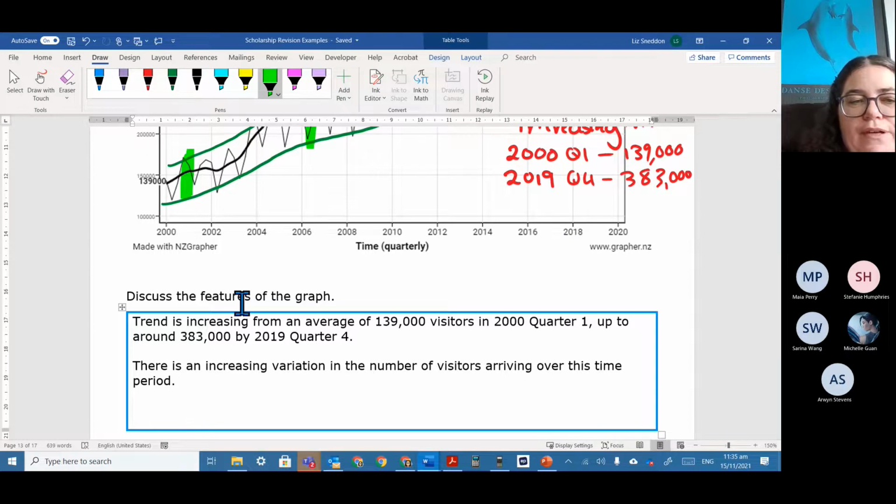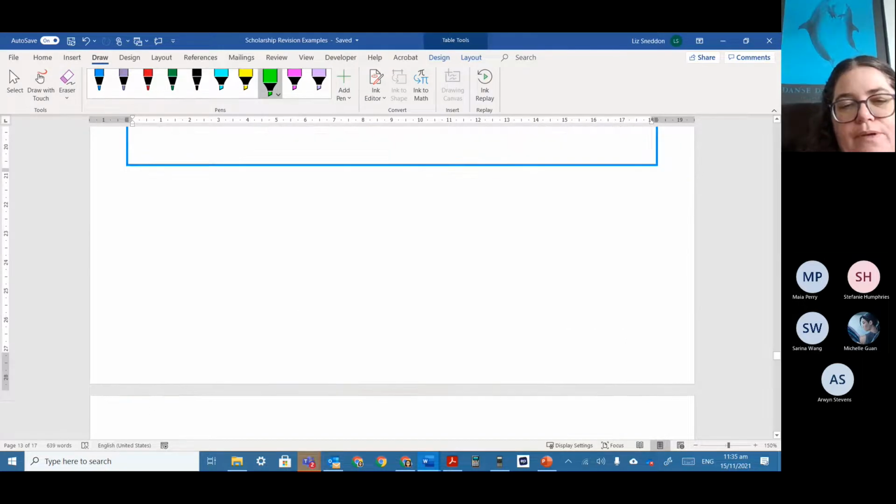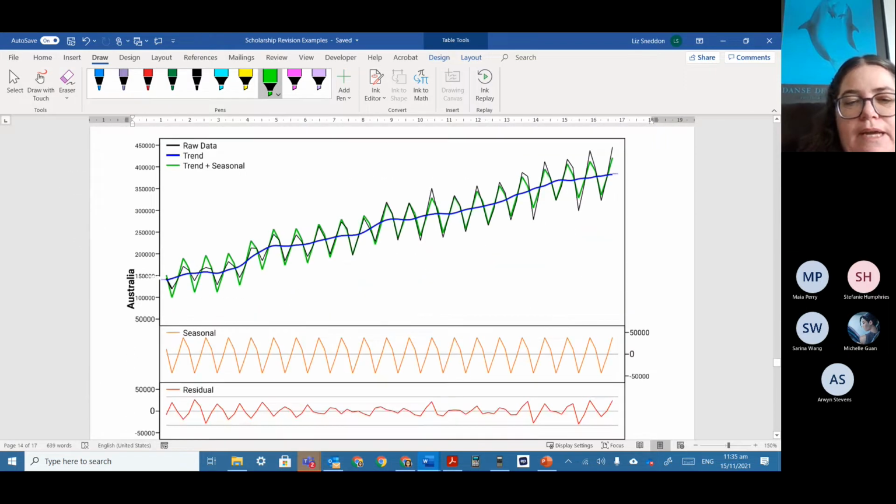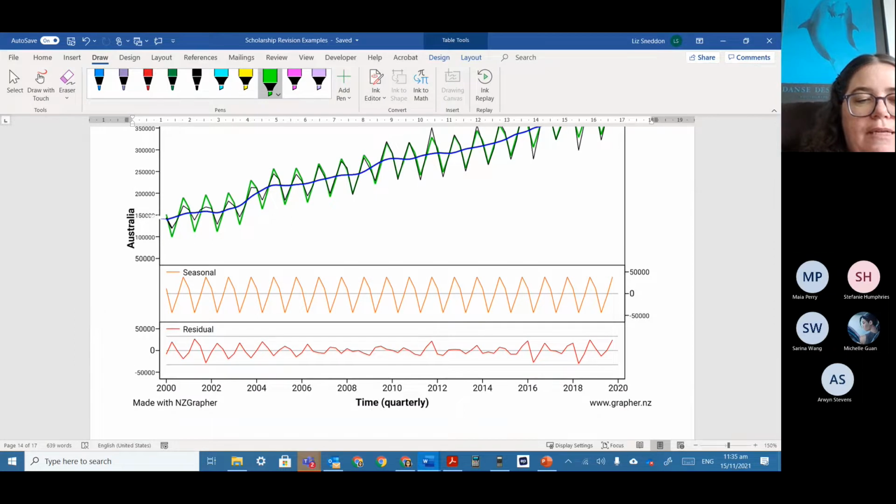So to check on outliers, we want to look at our recomposition graph. And so that's when I've got this next one here. So this is our recomposition graph. And in particular, I want to look down at this residual part down the bottom. And what I want to do is I've got these two little grey lines.